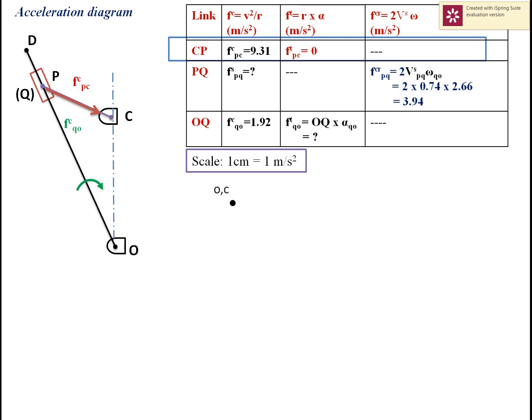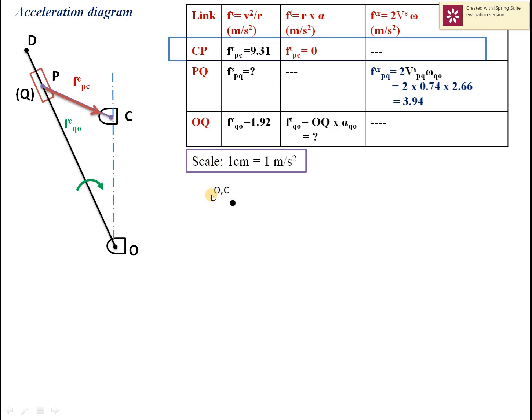So this is the direction of FCPC, directed from P towards the center of rotation C along the radius of rotation PC. So we will draw a vector of length 9.31 in this direction in the acceleration polygon.